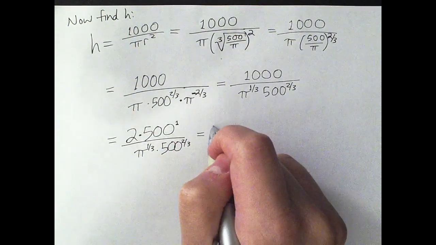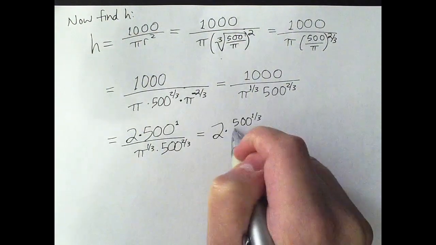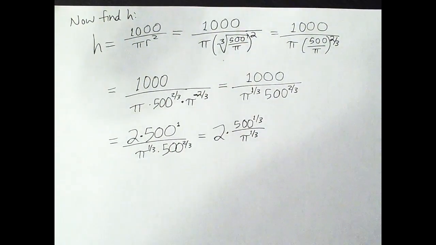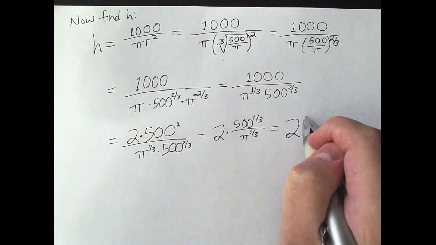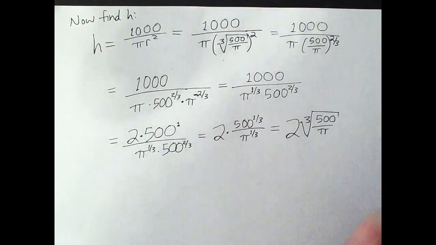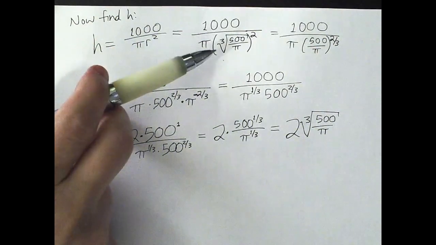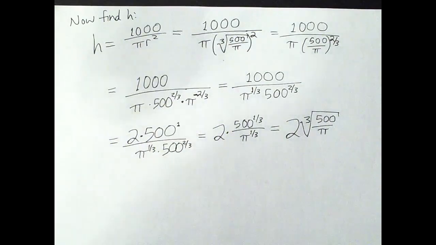So I claim that we can write this as 2 times 500 to the 1/3 over pi to the 1/3. And an even nicer way to write that is 2 times the cube root of 500 over pi. So I think this is simpler than what we had up here. That had a fraction with a fraction inside it, with a cube root of a fraction squared. That was messy. This is about as simple as we can make it.